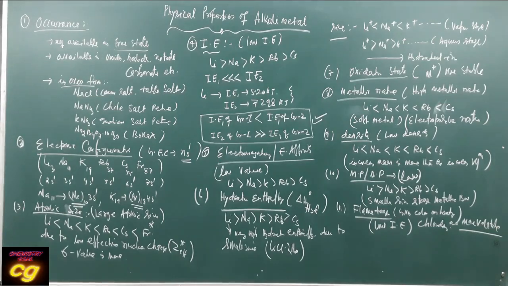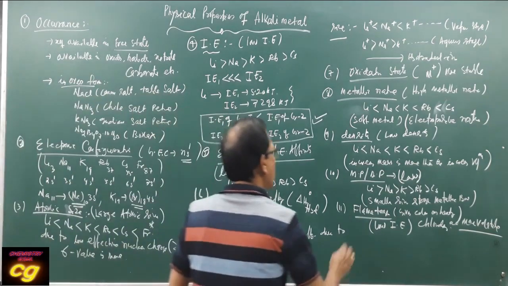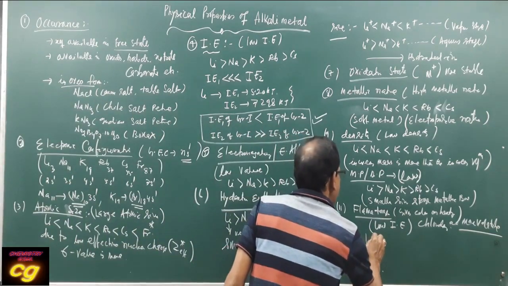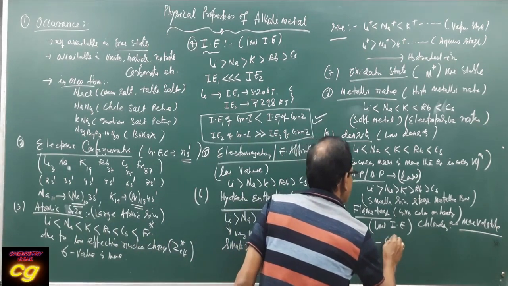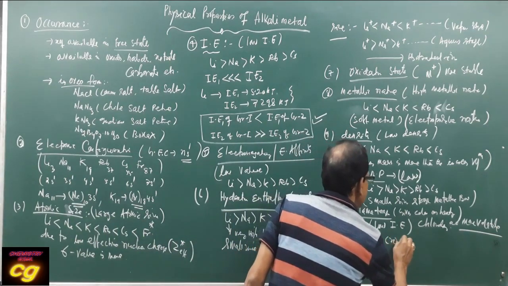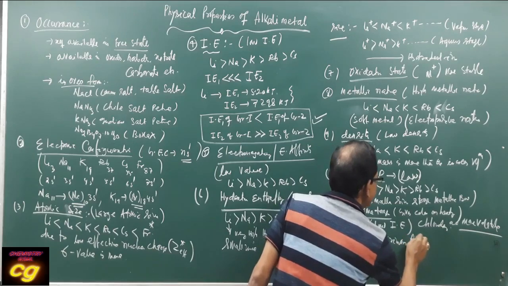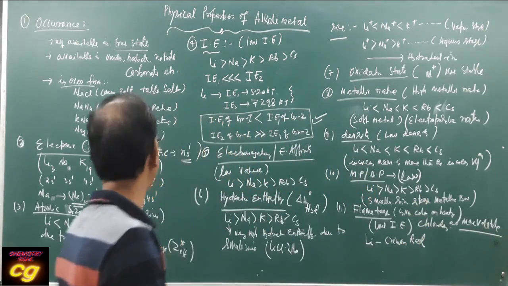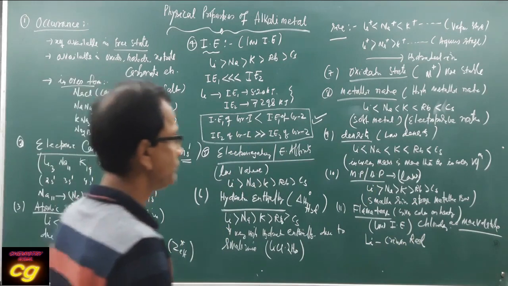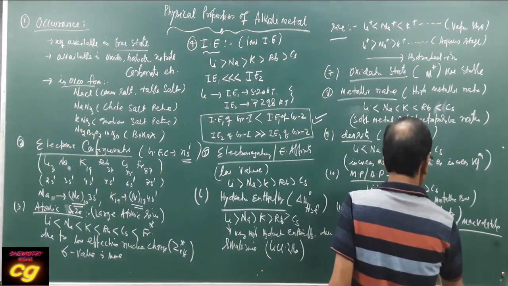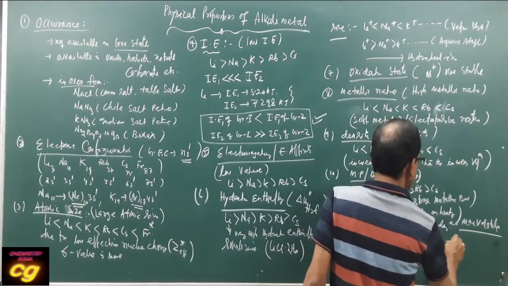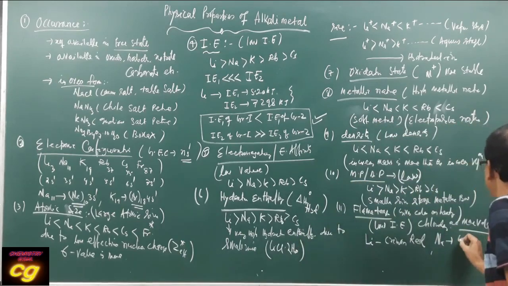So what are the colors generally? Lithium is crimson red and sodium is golden yellow.